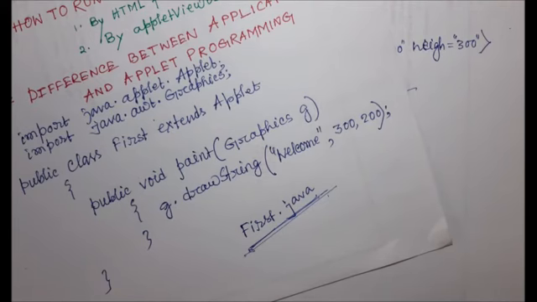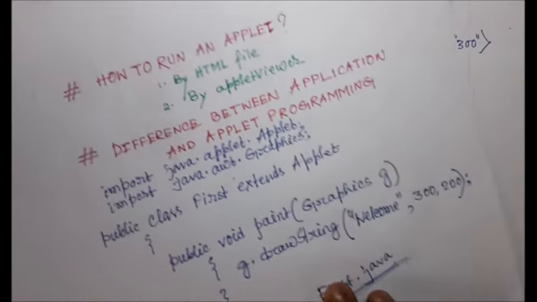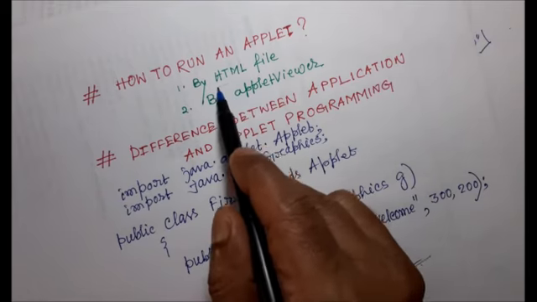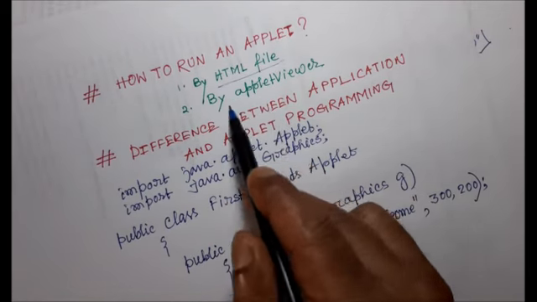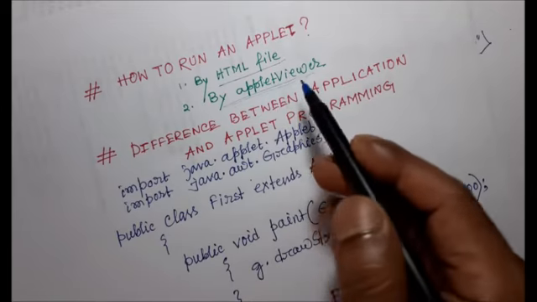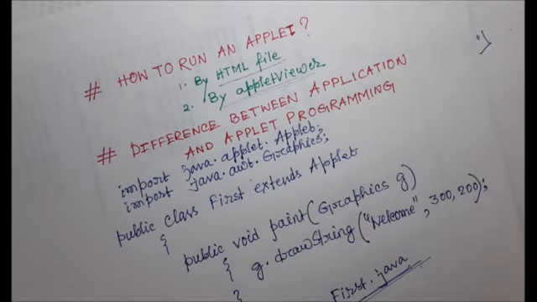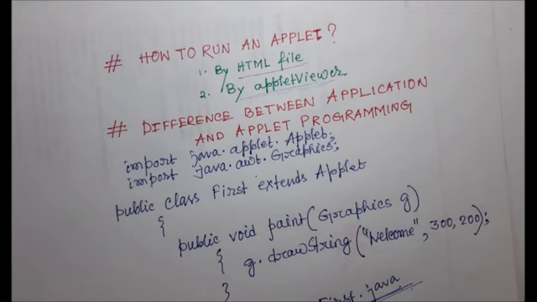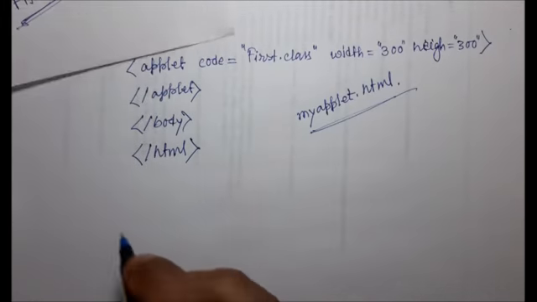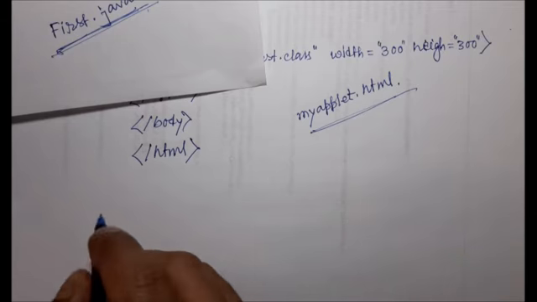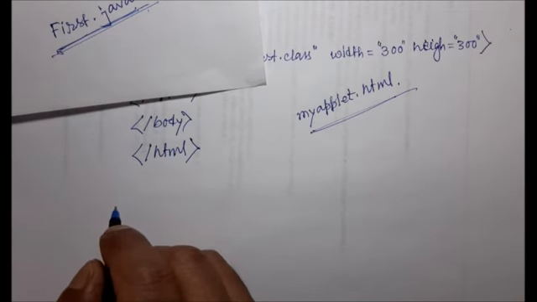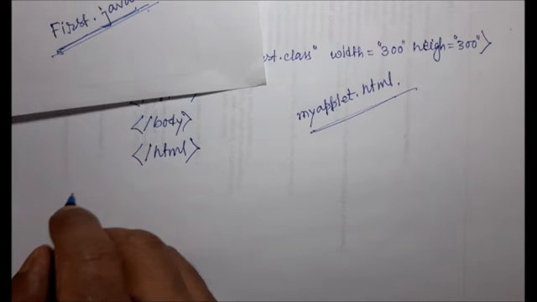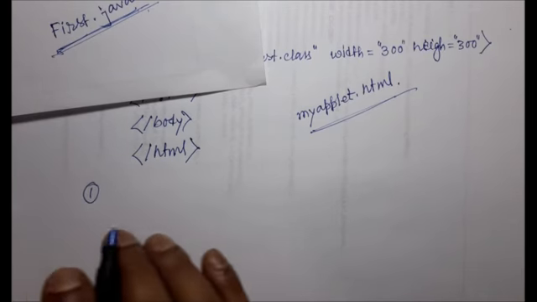Now we have two procedures to run the program. The first is by using the HTML file, and the other is by using appletviewer. Appletviewer is a tool by which you can run this program. First let me compile this code. I am talking about the HTML file, the first procedure, how to run by using the HTML file.